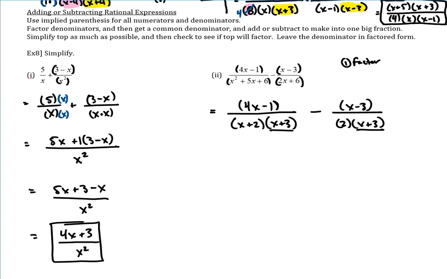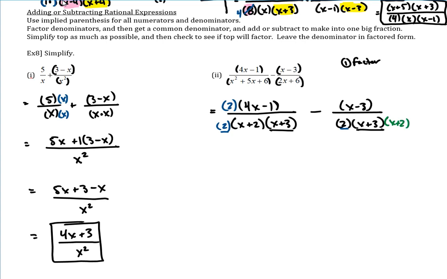However, I have a 2 in this right denominator, and I don't have just a 2 hanging out here, so I need this 2 to get put in. Now I have 2 and 2 matching on my denominator. But then I see x plus 2 is not in common with both, so I need to put an x plus 2 here.